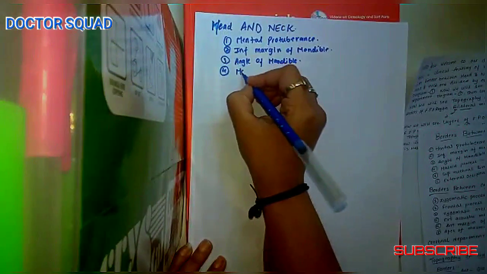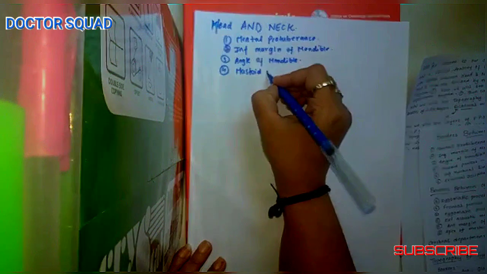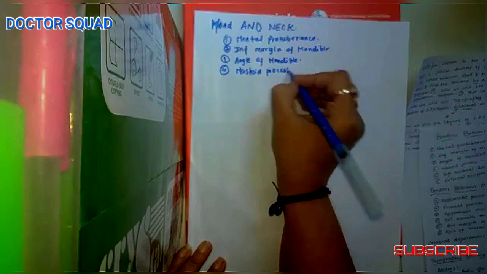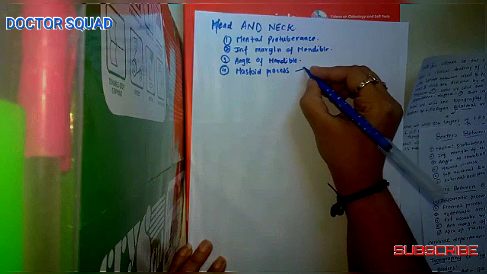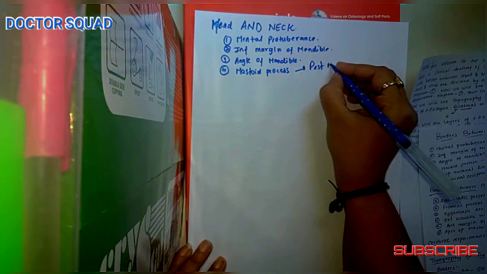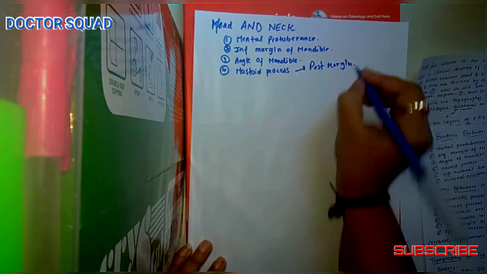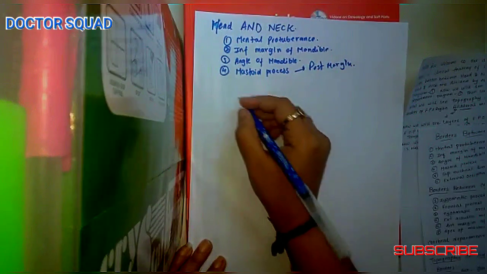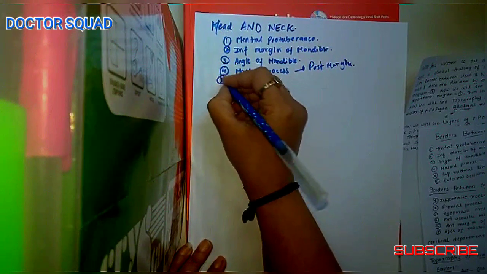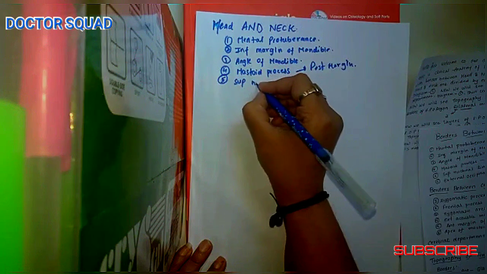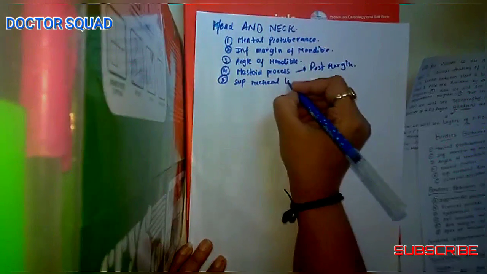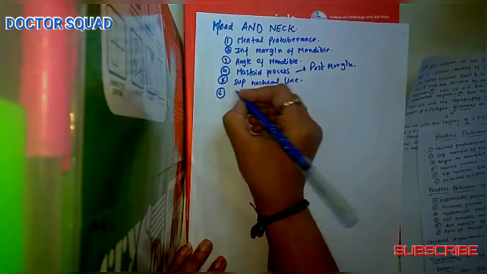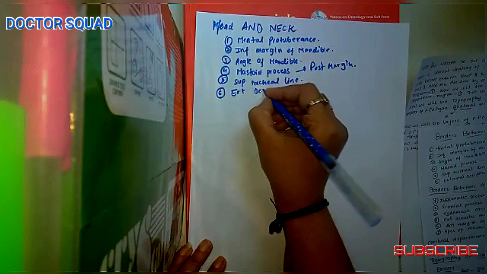Fourth, mastoid process. In the mastoid process, the posterior margin, the whole mastoid process and its posterior margin both. Fifth, superior nuchal line. And sixth, external occipital protuberance.